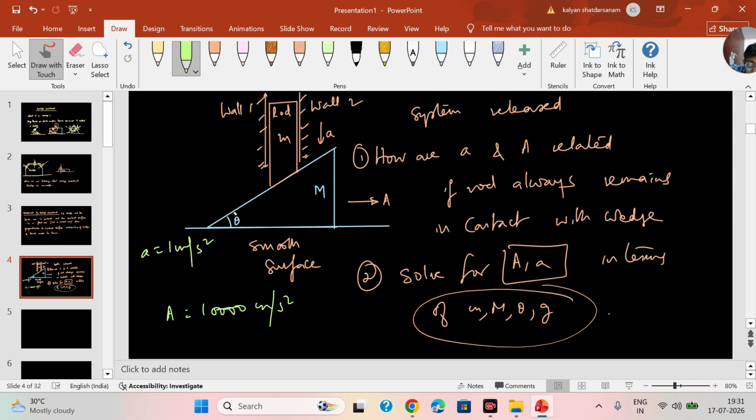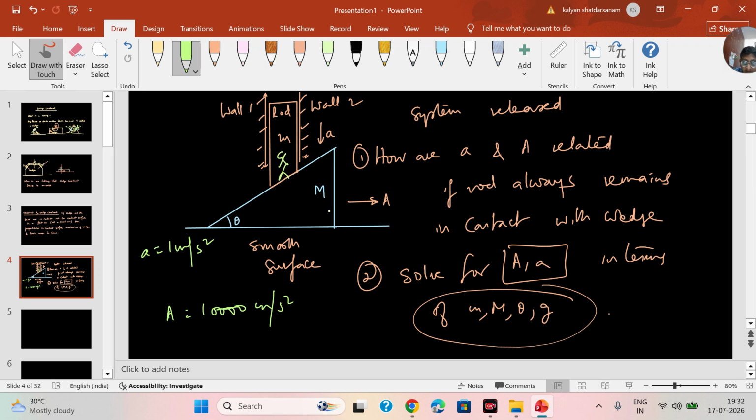So what's going to happen here? The wedge is having a huge acceleration and it starts gaining huge velocity and runs away. And after it ran away very quickly, suddenly the rod sees that, oh my god, I have no support below me and it will fall and hit the ground. It's like, imagine you are standing here instead of the rod.